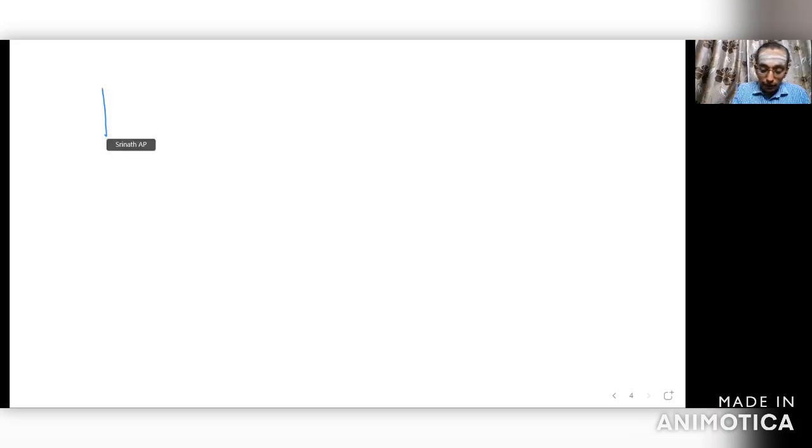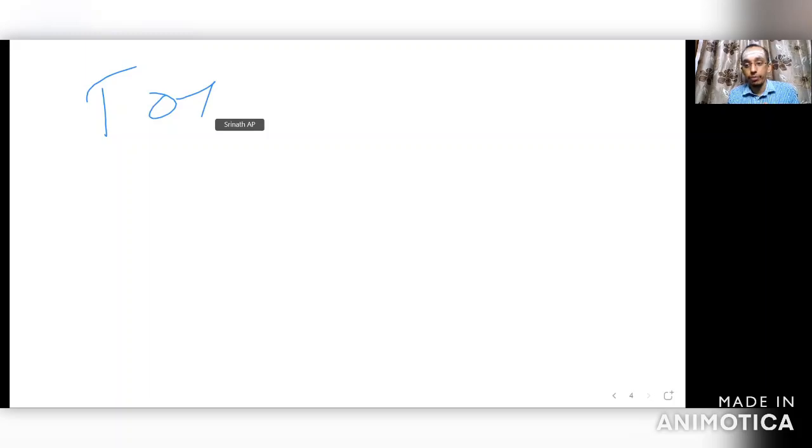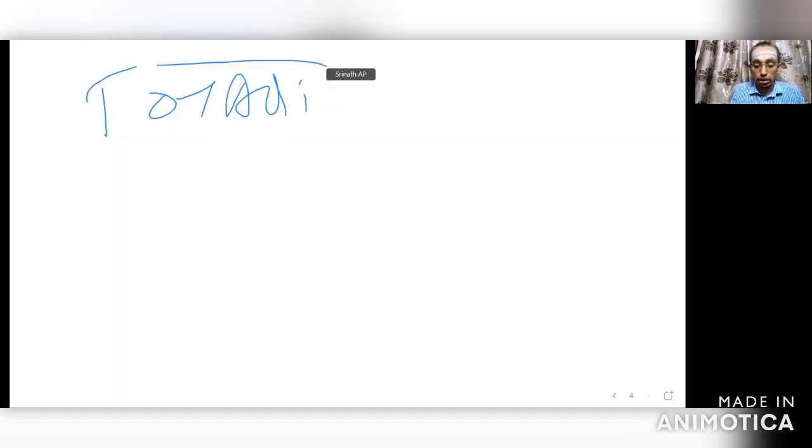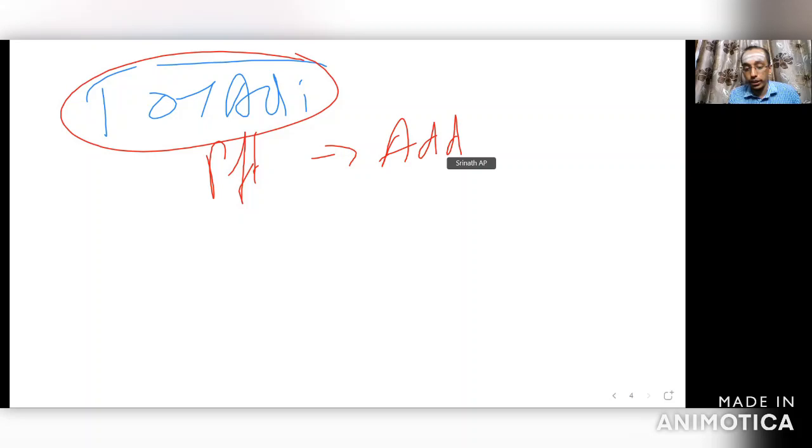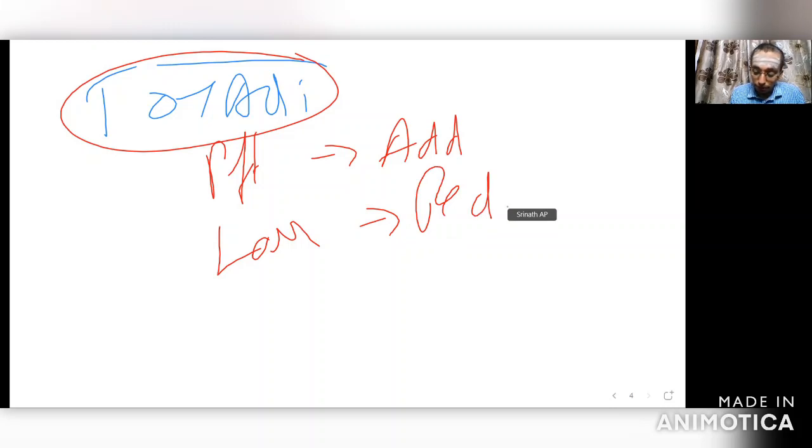Please understand, friends, this transitional adjustment, if it is a profit, you will add to book profits. If it is a loss, it would be reduced from book profit.